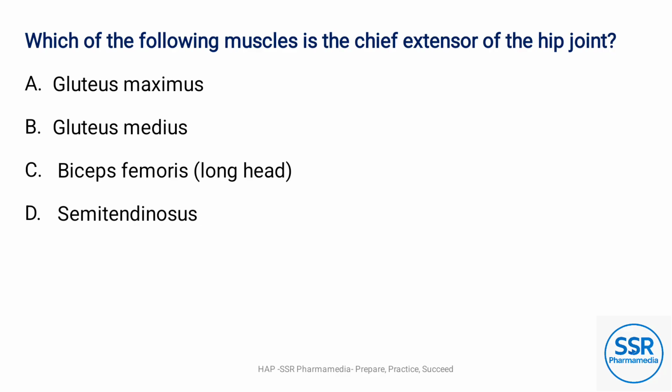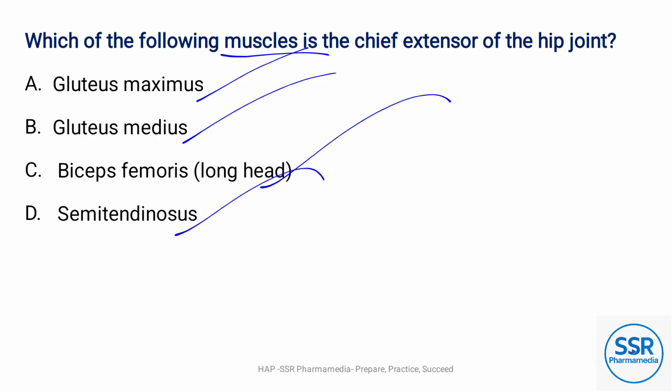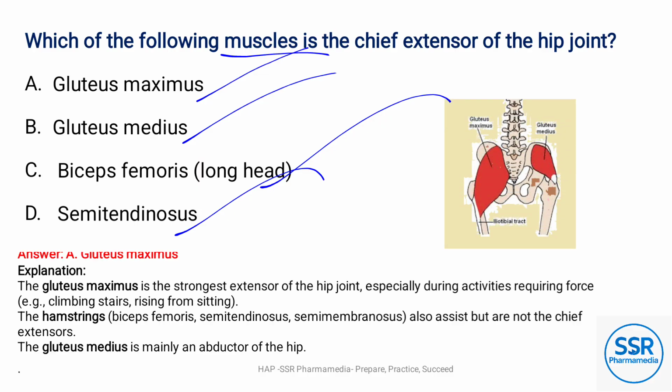Next, which of the following muscles is the chief extensor of the hip joint? Option A, gluteus maximus. Option B, gluteus medius. Option C, biceps femoris. Option D, semitendinosus. So the answer is option A, gluteus maximus.